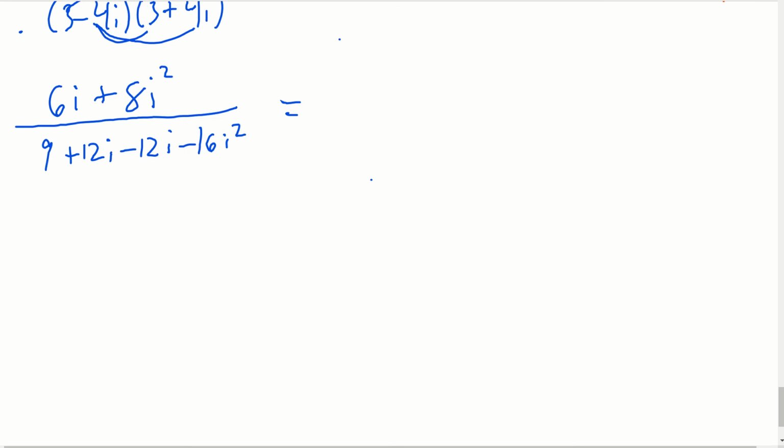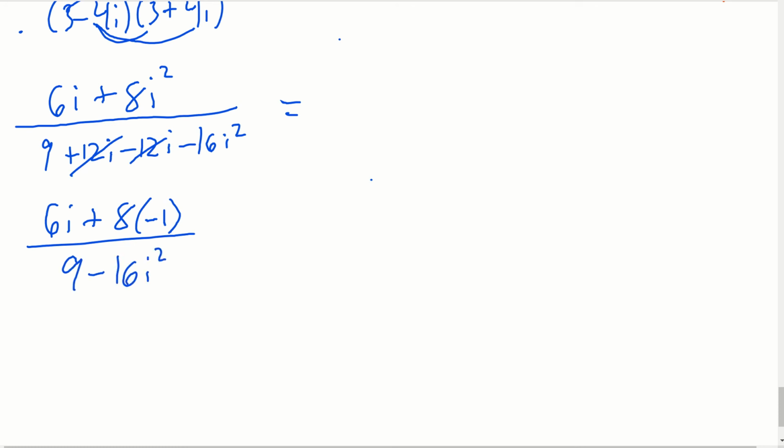In the numerator, we can already replace that i squared with negative 1. So it's going to be a negative 1 here. In the denominator, the positive 12i and the negative 12i cancel. So we get 9 minus 16i squared. The numerator is 6i. Positive 8 times negative 1 is going to be a negative 8.